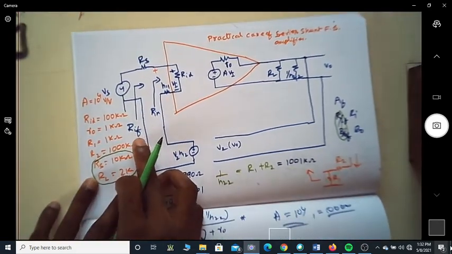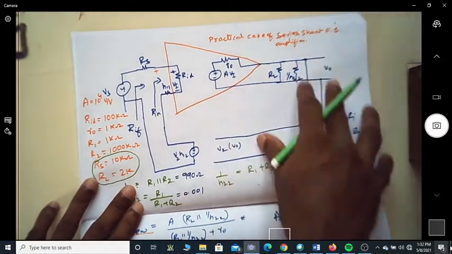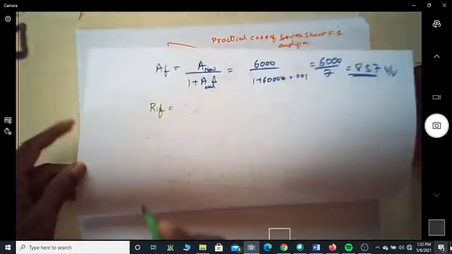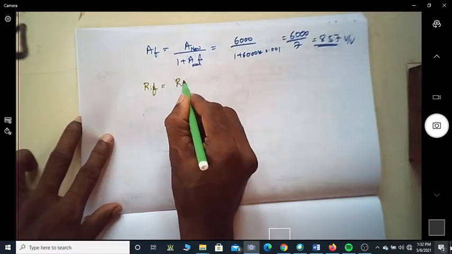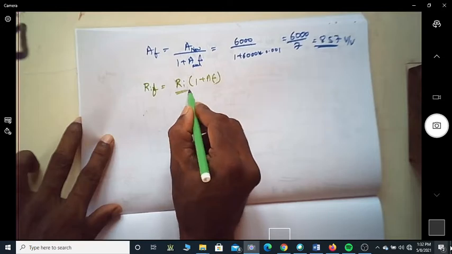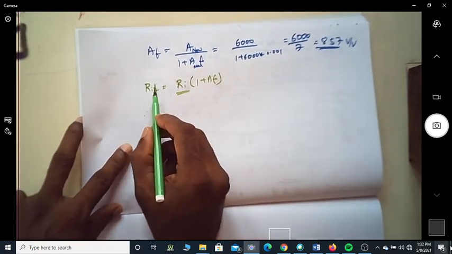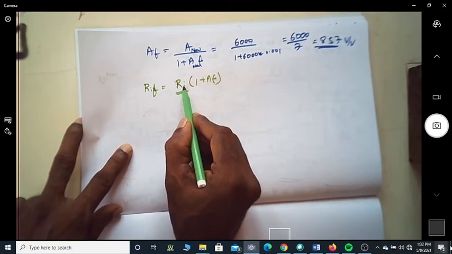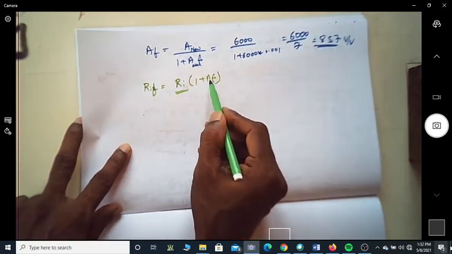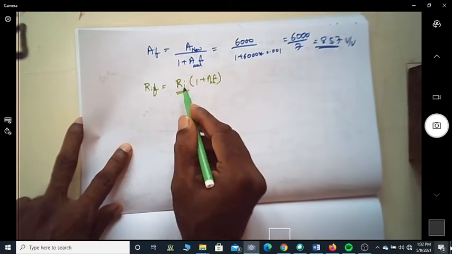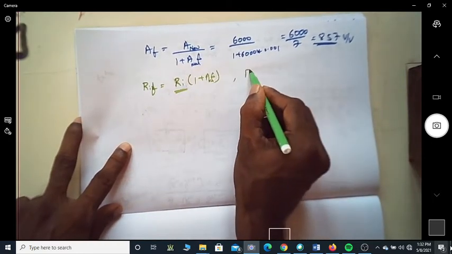Whenever you are finding the input impedance of the network after feedback, it is Ri into 1 plus A beta. Because we know that the input impedance with feedback is the input impedance without feedback multiplied by 1 plus A beta. This is the new A and beta values.